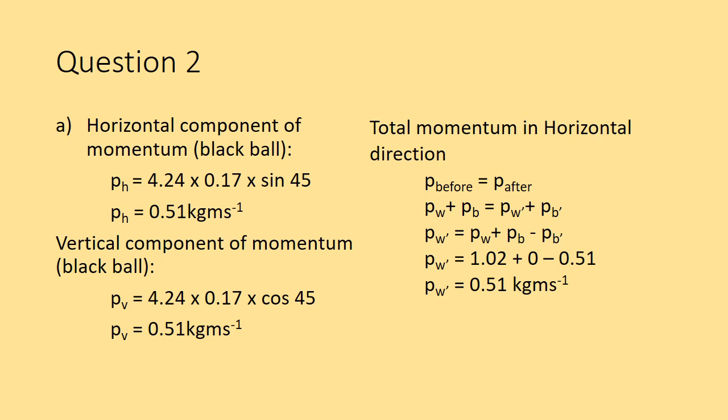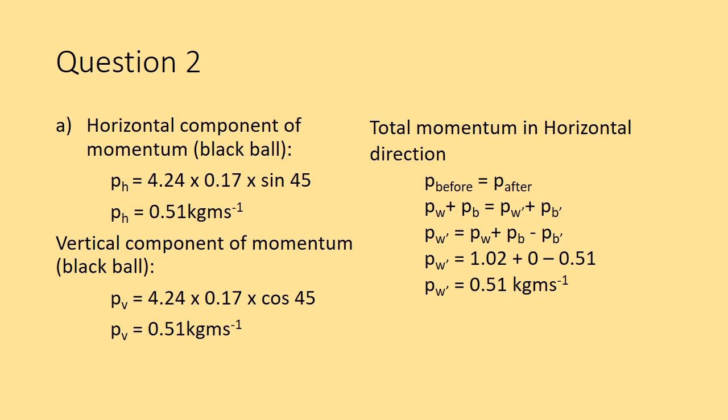So if we work that out, the momentum of the white ball after collision is equal to the momentum of the white ball in the horizontal direction, which is 1.02 kilograms meters per second. That's 6 meters per second multiplied by 0.17 kilograms.